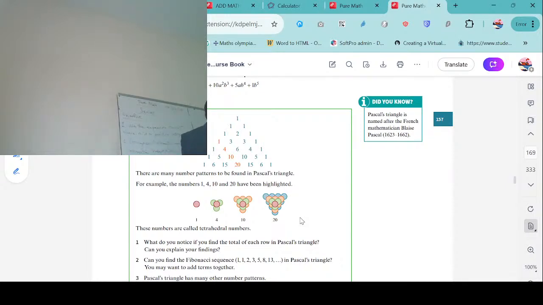Since I'm selecting B once, and I have two identical things, that's 3 factorial over 2 factorial and 1 factorial. Based on what? Combination. This is the same as saying, out of 3 items, I'm selecting B once. So either you say 3 combination 1, or 3 factorial over 2 factorial and 1 factorial.